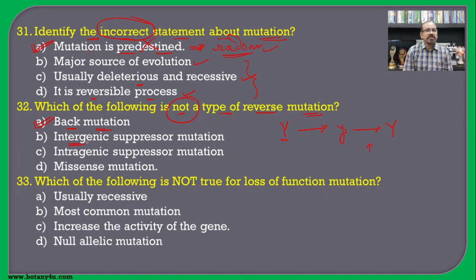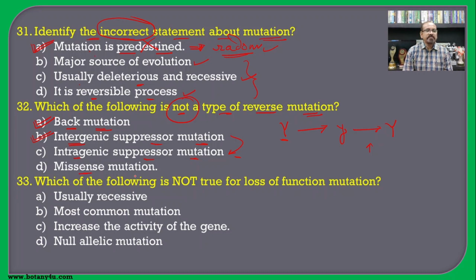Then intergenic suppressor mutation, that is when there is a mutation in one gene and it loses its function, and if another mutation in another gene is responsible to gain that earlier function, such types of mutations are also examples of reverse mutation. Then intragenic suppressor mutation is a similar case, but in the same gene.